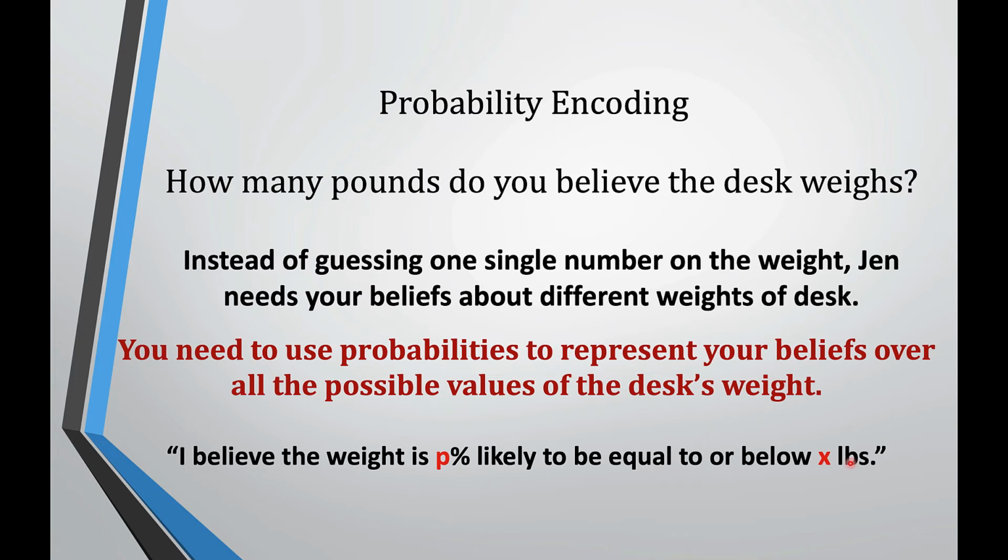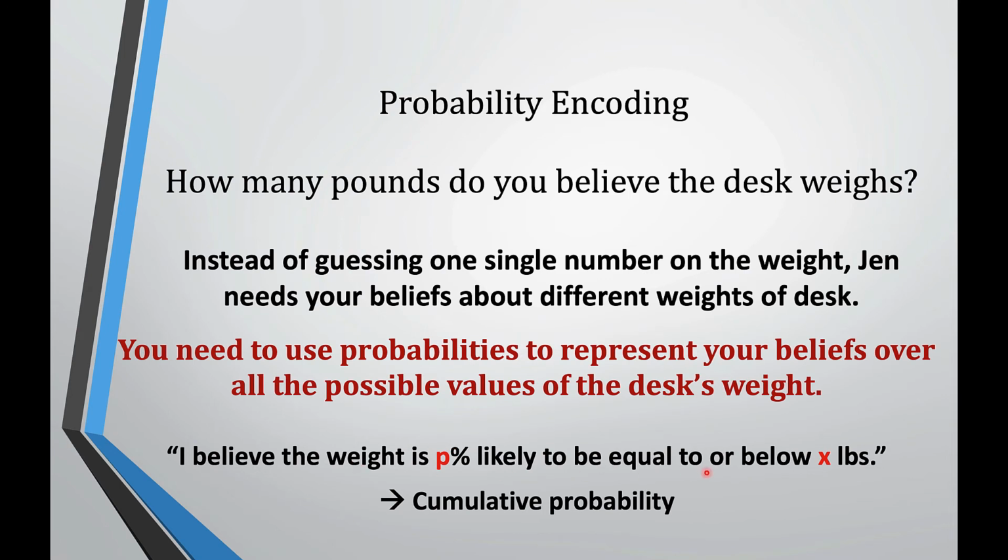Okay. What you want to do is to change the number of pounds, and then reevaluate the probability with which you believe the desk satisfies this requirement. Essentially, we're trying to find your cumulative probability corresponding to different numbers of pounds in terms of the weight of the desk.